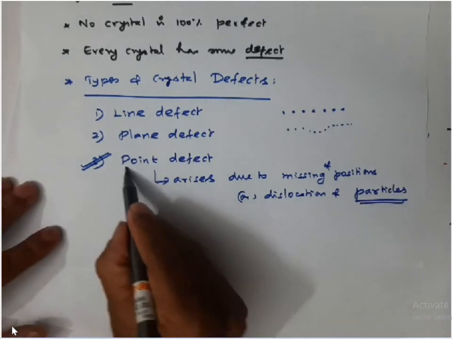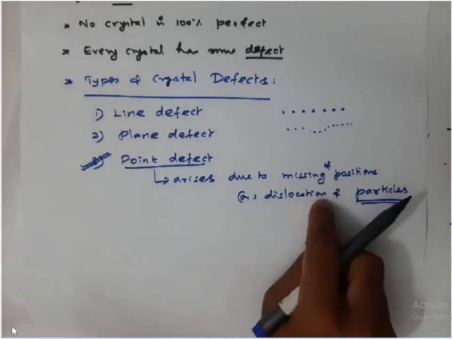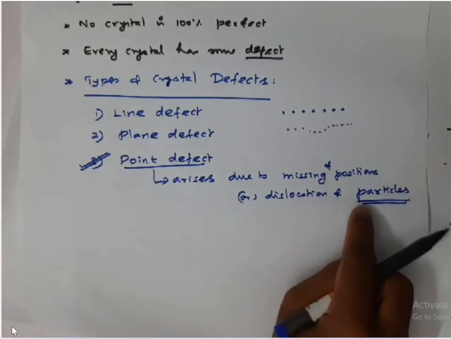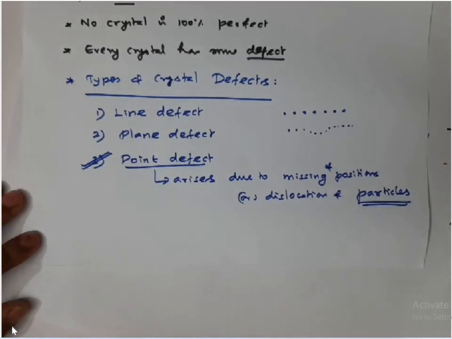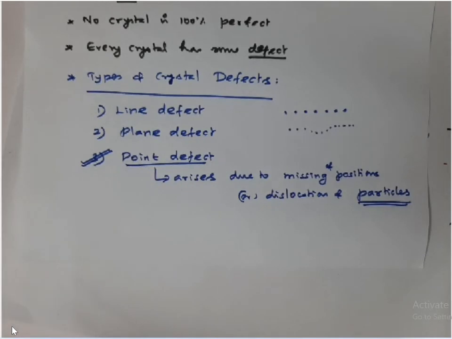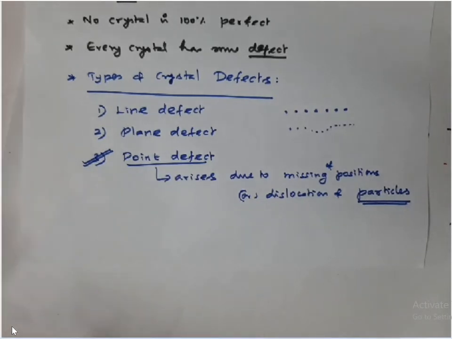So point defects arise due to the missing of particles in the crystal lattice, or due to the dislocation of particles in the crystal lattice. If missing or dislocation of particles introduces defects, we call those defects point defect. So keep this in mind.